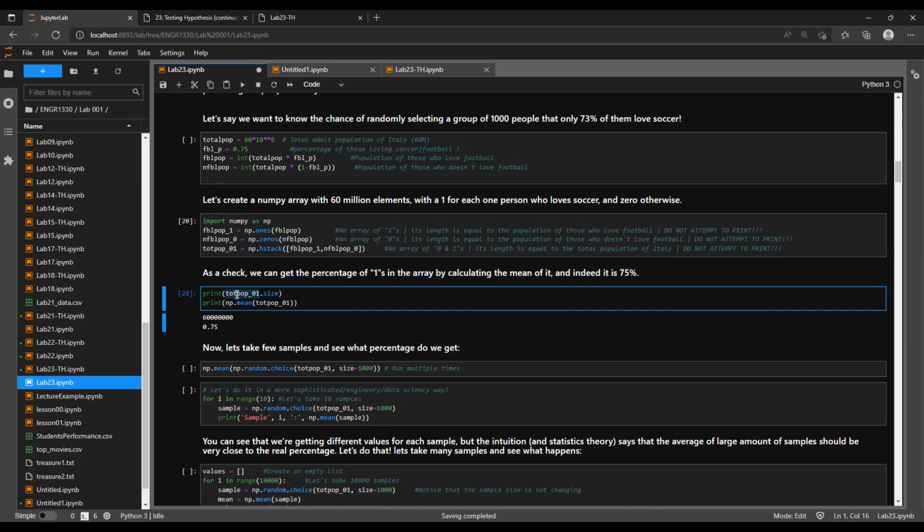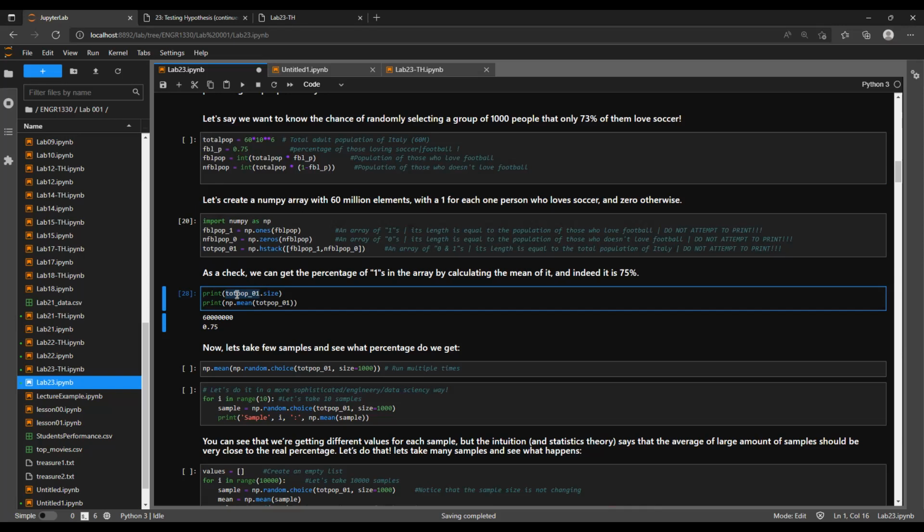It is a NumPy array, but close enough. They're slightly different, but I know what you mean. Okay. So we've gotten our array, 60 million long, and it's got 0s and 1s in there, and we don't care about the order. I'm pretty sure the order is just going to be all the 0s and then all the 1s.